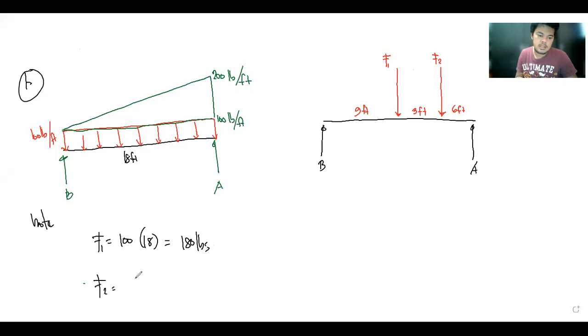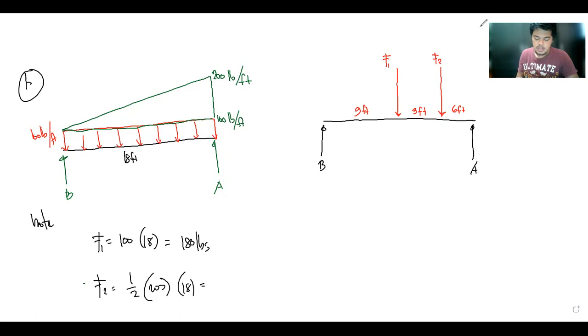F2, on the other hand, would be 1/2 multiplied by 200 pounds per foot multiplied by 18. Do not use 300 pounds per foot, because 100 is part of the rectangular load distribution.